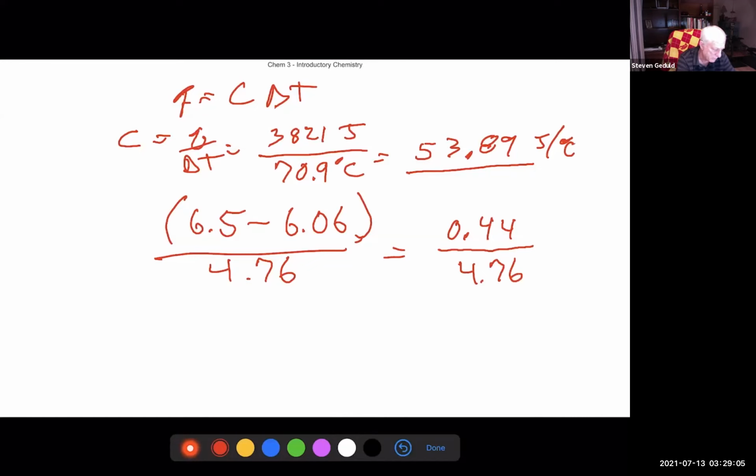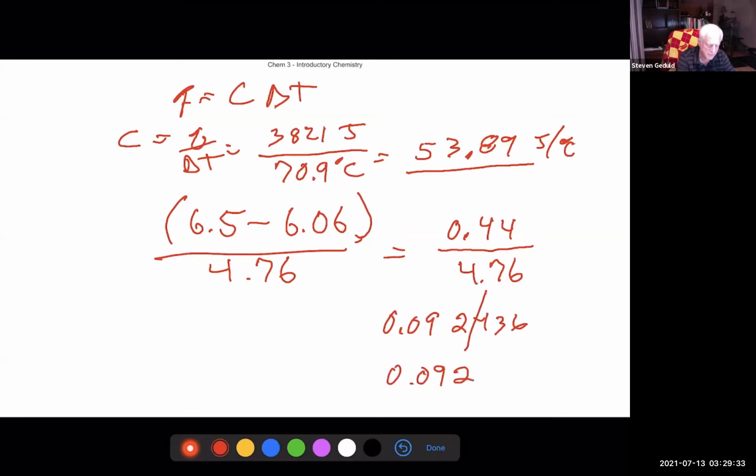So 0.44 divided by 4.76 comes out to 0.092436.